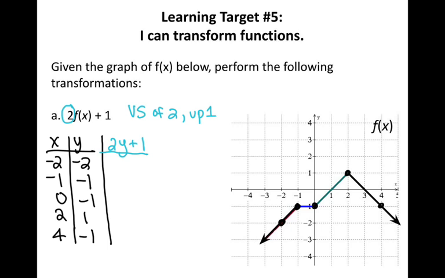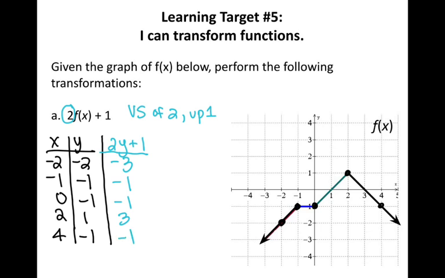So all of these y values I'm going to multiply by 2 and add 1. So -2 times 2 is -4, plus 1 is -3. 2 times -1 is -2, plus 1 is -1. Another -1. 2 times 1 is 2, plus 1 is 3. And 2 times -1 is -2, plus 1 is -1.